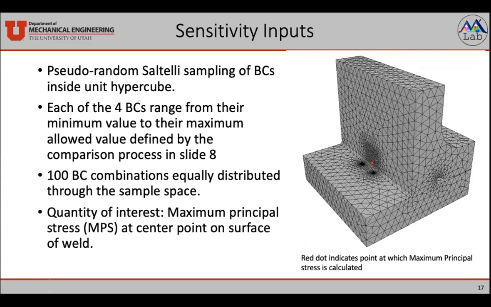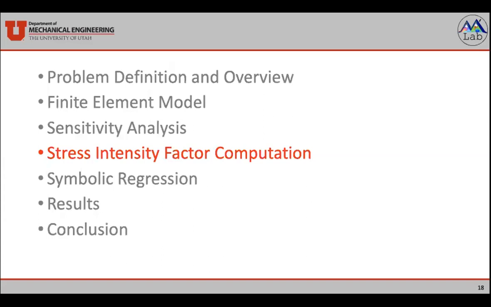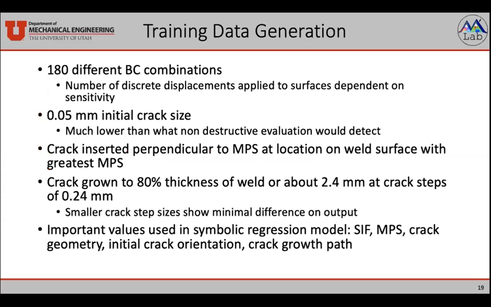We found, using the boundary conditions that contributed most to the maximum principal stress here, we were able to define 180 different boundary condition combinations, where the boundary condition that had the most effect on the maximum principal stress had the most discrete values applied to it, whereas the ones that had less effect only had a few discrete displacement values.